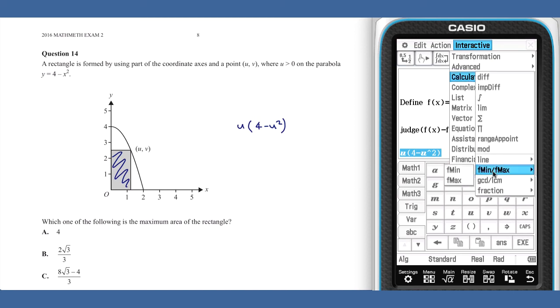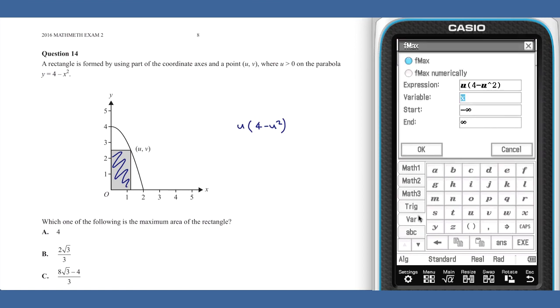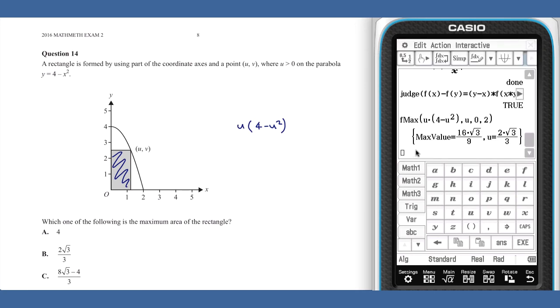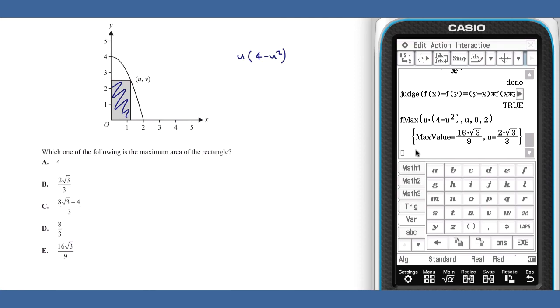Open the Fmax command. And we'll make sure our variable is also u. And we'll set our domain between 0 and 2. And we see the maximum value is 16 root 3 over 9. Looking at the answers provided, that's answer E.